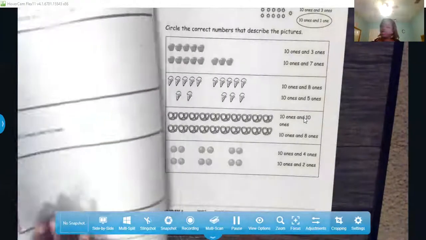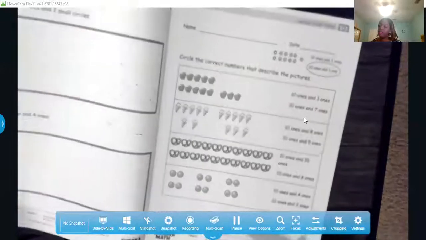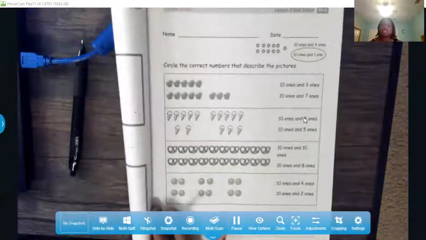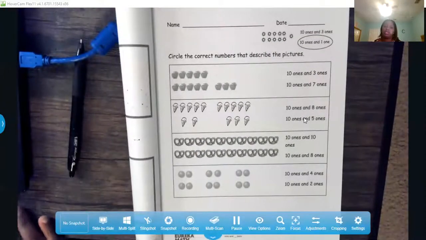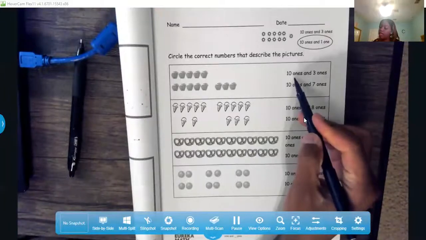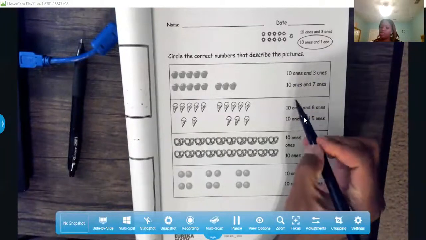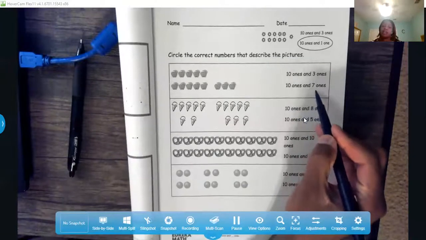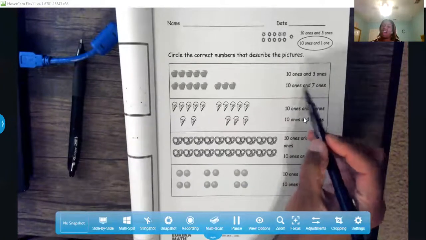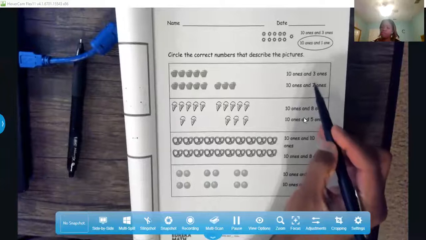I am going to flip to your exit ticket just to explain. On your exit ticket, you're going to circle the correct numbers that describe the pictures. So I have 10 ones and 3 ones, and I have 10 ones and 7 ones. So I have to count before I know which one of these is right.